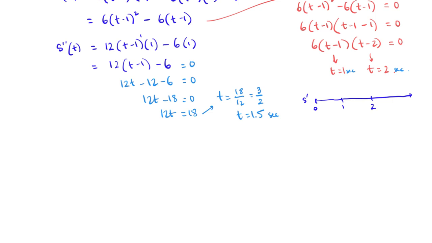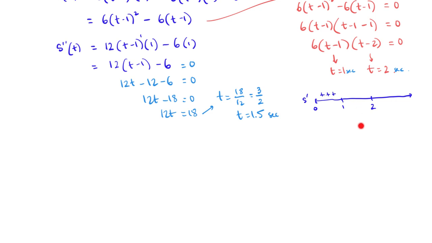Then we test the sign of the first derivative. If we pick a number between 0 and 1, for example 0.5, and plug it into the first derivative, we will see that the first factor, 0.5 minus 1, is negative, 0.5 minus 2 is negative, and a negative times a negative is positive. And so the first derivative is positive in the first interval.